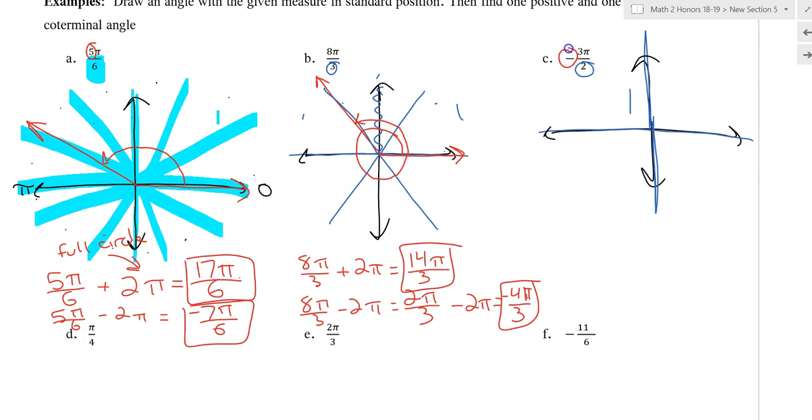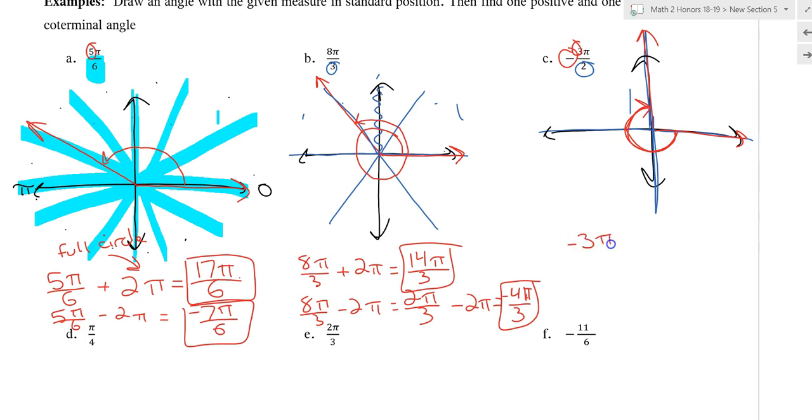And now I want to go negative 3 of them. So again, instead of going up, I need to go down. So I go 1, 2, 3 sections. And that line is, so I should have these here. All right, and so that is my angle for negative 3 pi over 2.